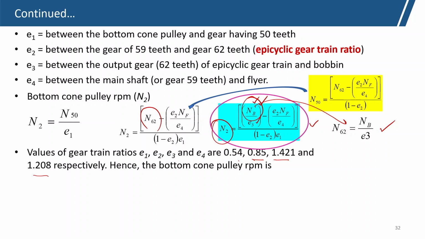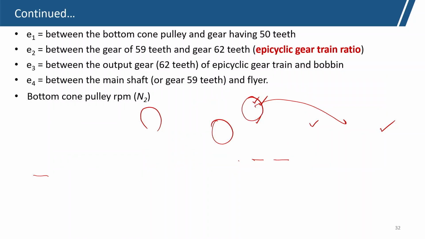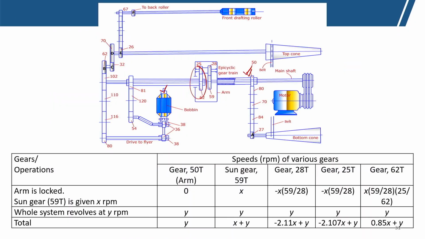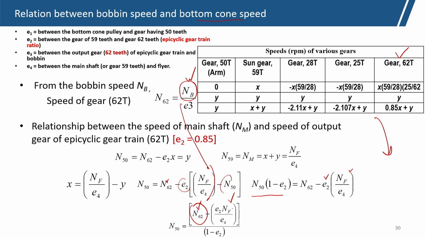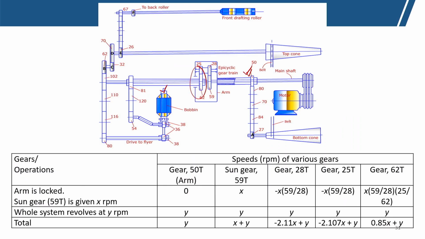Now, let us see how to calculate E1, E2, E3, E4. E1 is between the bottom cone pulley and gear of the train 50. So, bottom cone pulley to 50. So, that means your driver by driven.